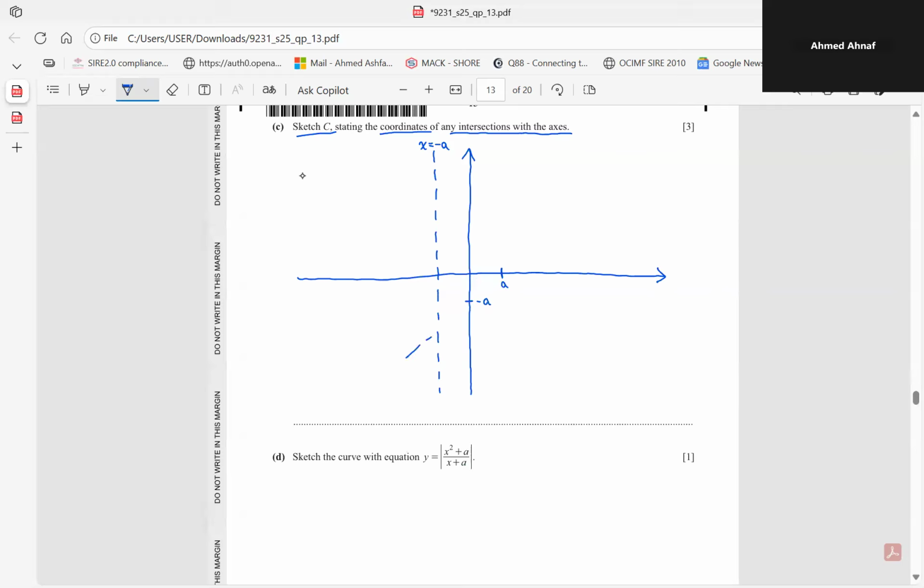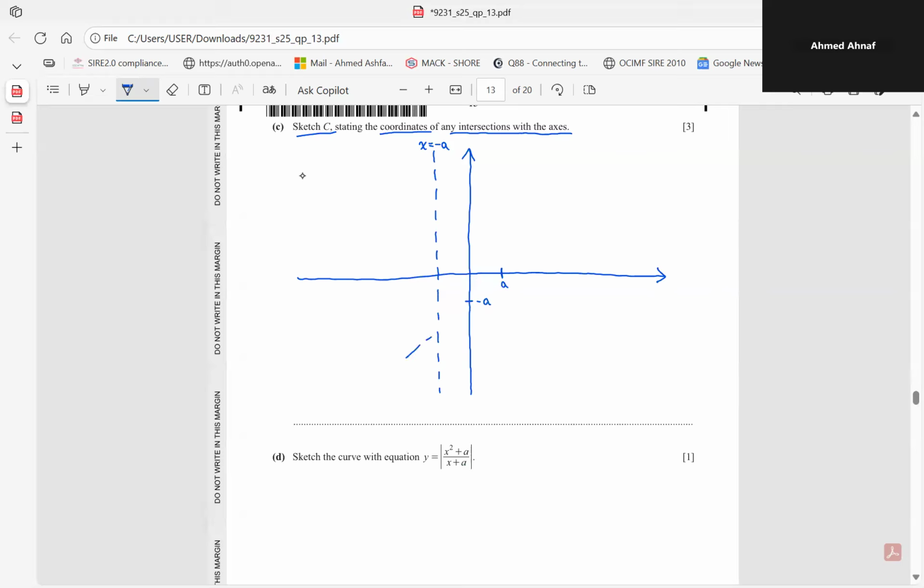You know what, let's just stick to this. So this is y equals x minus a.